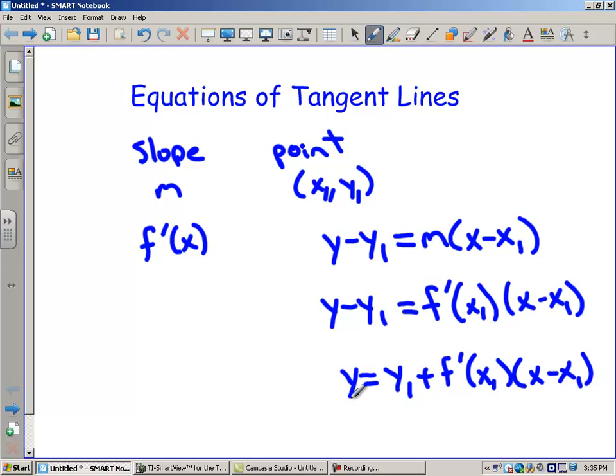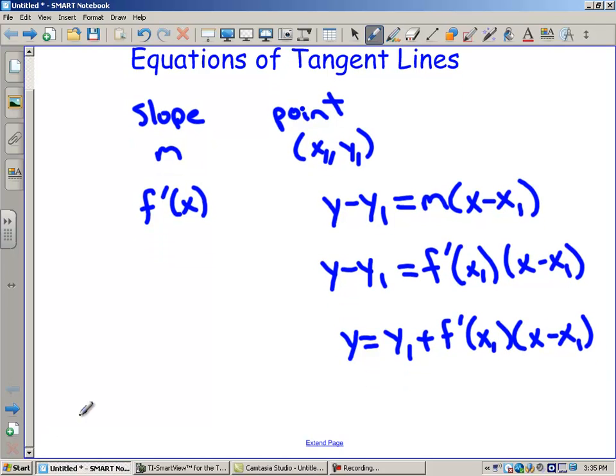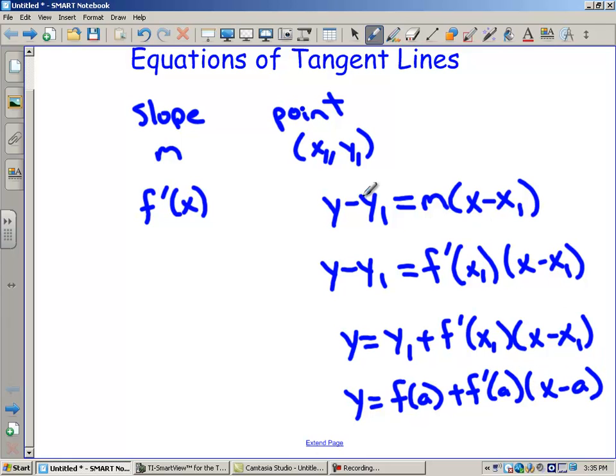And on top of that, we can even clean this up a little bit more, and our tangent line equation is y equals f of a, where a is the x coordinate we're trying to write the tangent line at, and f of a is another notation for the y coordinate, remember, plus f prime at a times x minus a.